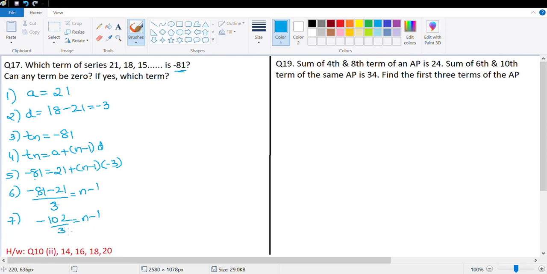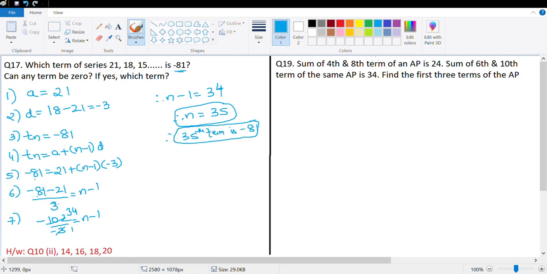That's 3, 1, 3 into 3, 9, and 12. So that's 34. So therefore, n minus 1 is equal to 34. Therefore, n is equal to 35. Therefore, 35th term of this AP is negative 81.